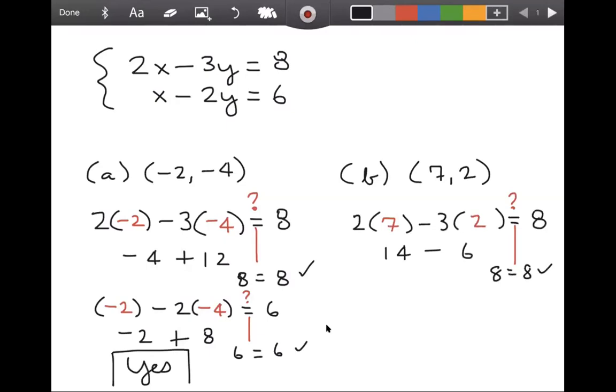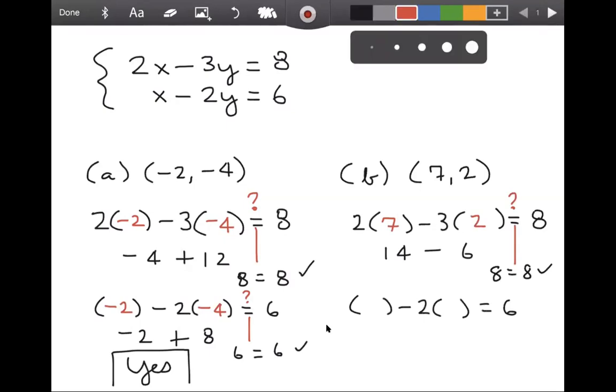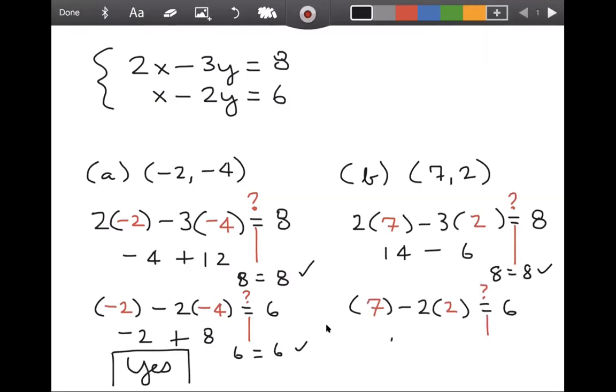So far, so good. And now x minus 2y equals 6. I put in 7 for x and 2 for y. Uh-oh. 7 minus 4 is not equal to 6, it's equal to 3. So the answer for this system is no.